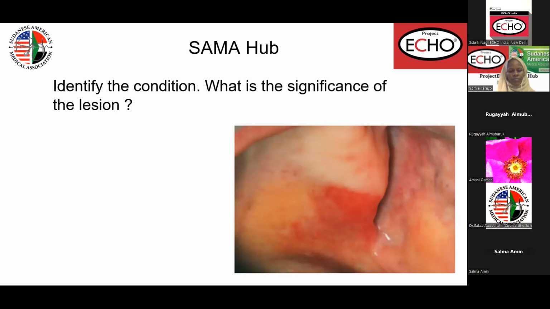Okay, so identify the condition and why do you think it's significant?